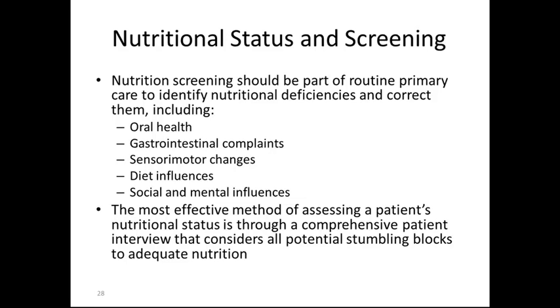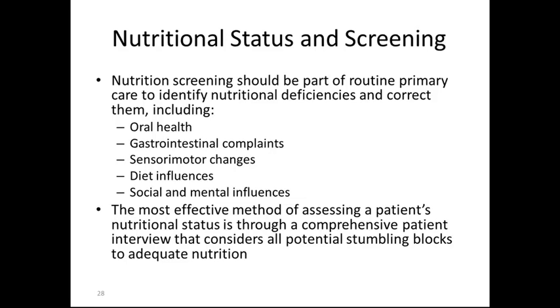Sensorimotor changes, which we just discussed, and dietary influences. Can they afford food? Do they have the ability to go shopping for food? Social and mental influences, depression, and loneliness often play a part.